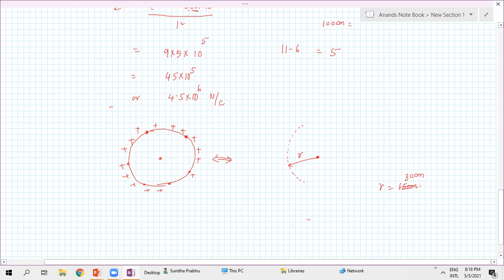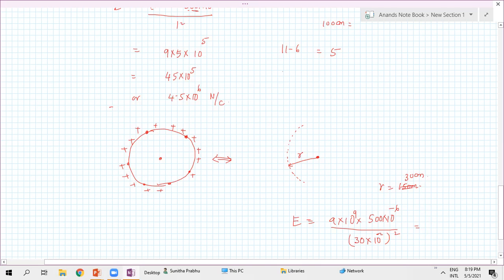So E will be equal to 9 into 10 raised to 9 into Q, which is 500 into 10 raised to minus 6, divided by 30 into 10 raised to minus 2 whole square. What are you getting this as?